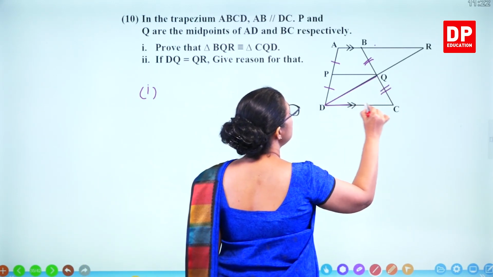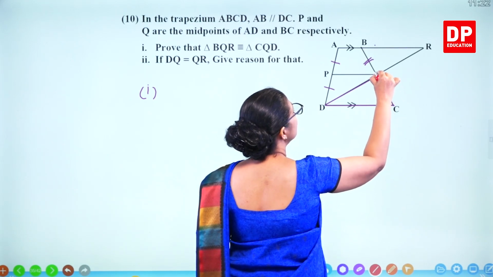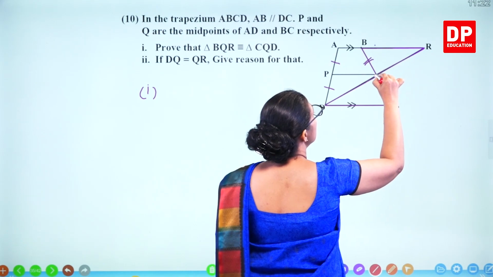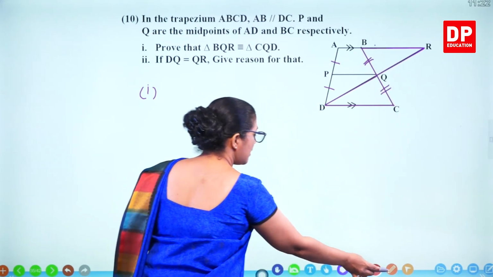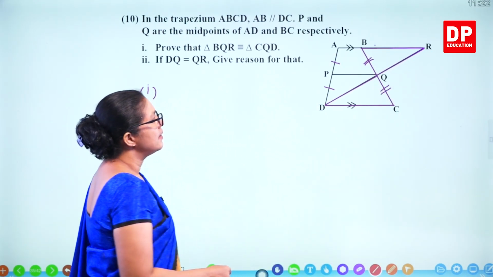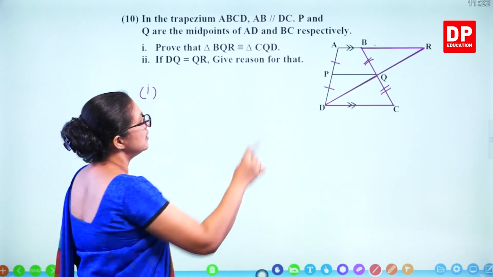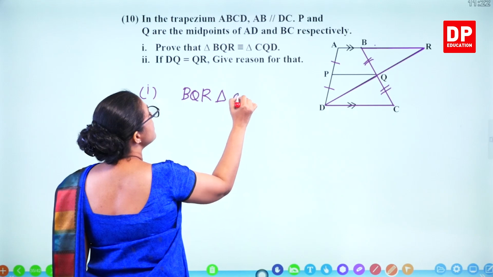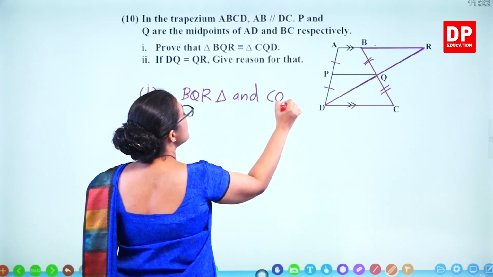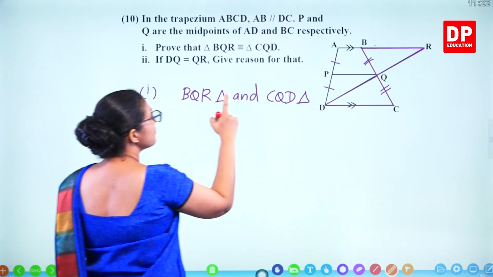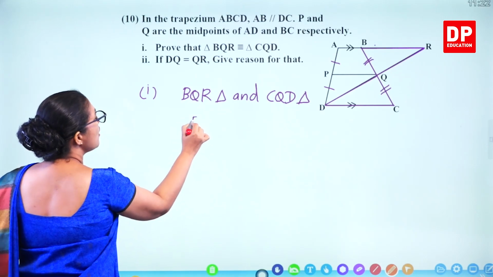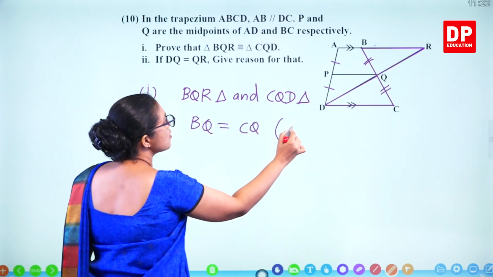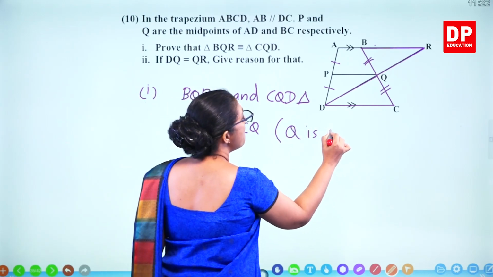This triangle and this one congruent. Here diagrams are not to scale. We'll take BQR triangle and CQD triangle. It's given BQ is equal to CQ because Q is the midpoint.